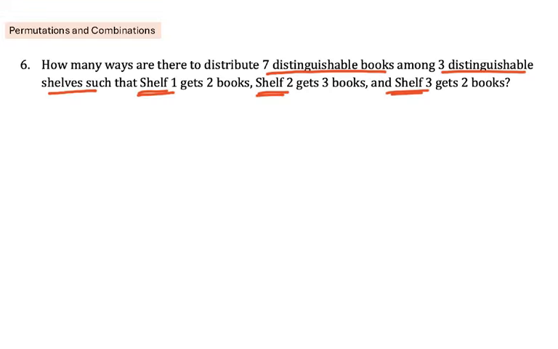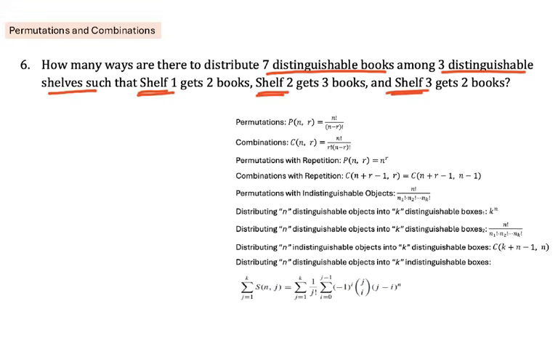Let's pull up the formula sheet and see what it is. Okay, so we've got 2 different places where we talk about distinguishable objects, distinguishable boxes. This is the case here where, yes, it's distinguishable objects and distinguishable boxes, but they tell us exactly how many go in each box or on each shelf.